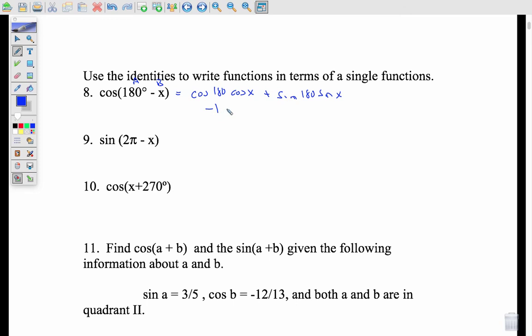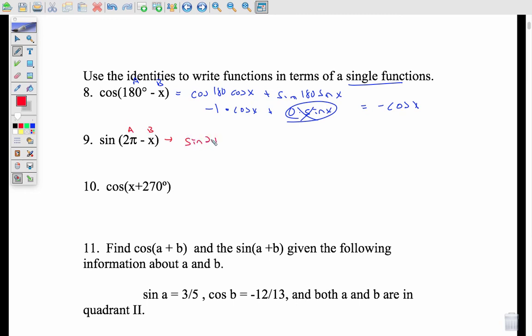Again, that's just expanding out into our cosine of a minus b version here. Making our substitutions, the cosine of 180 is negative 1 off of our unit circle. Sine of 180 is 0. And much like we had just a few problems ago, 0 times anything is going to be 0. So this is going to simplify down to a single function of negative cosine of x. Single function, negative cosine of x.